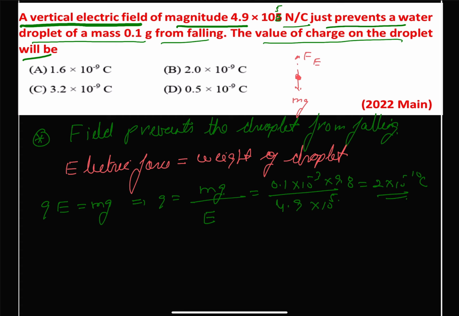One second, I think it should be 0.9, and this will be over minus 9. Yeah, okay, so option B is correct.